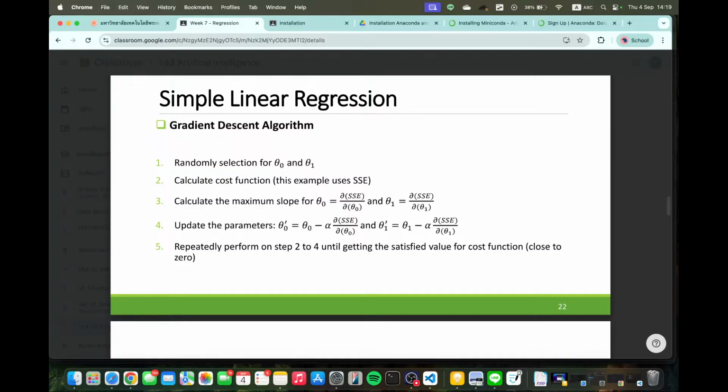You just calculate only this term for finding the answer. Y predict is theta 0 plus theta 1 x, and we differentiate with respect to theta 0. So this is the constant, and if you differentiate with respect to theta 0, the constant is 0, right?